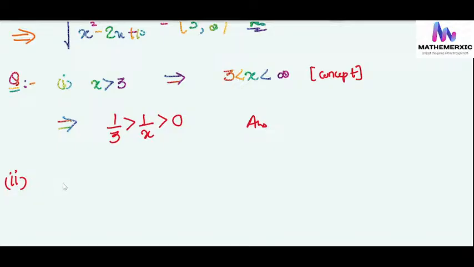We have x less than -2. So now the -2 case is there with us, meaning one negative part. We have understood that whenever a negative part is there, the sign is different on both sides of the inequality.